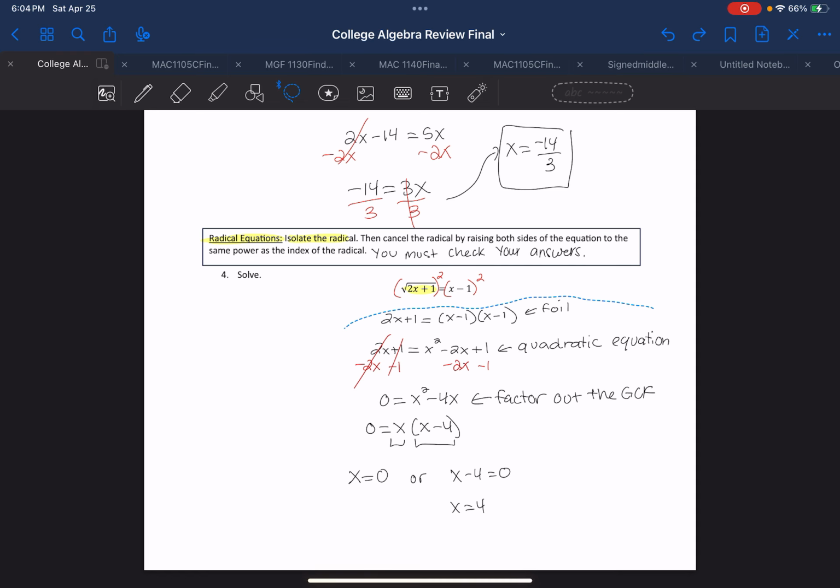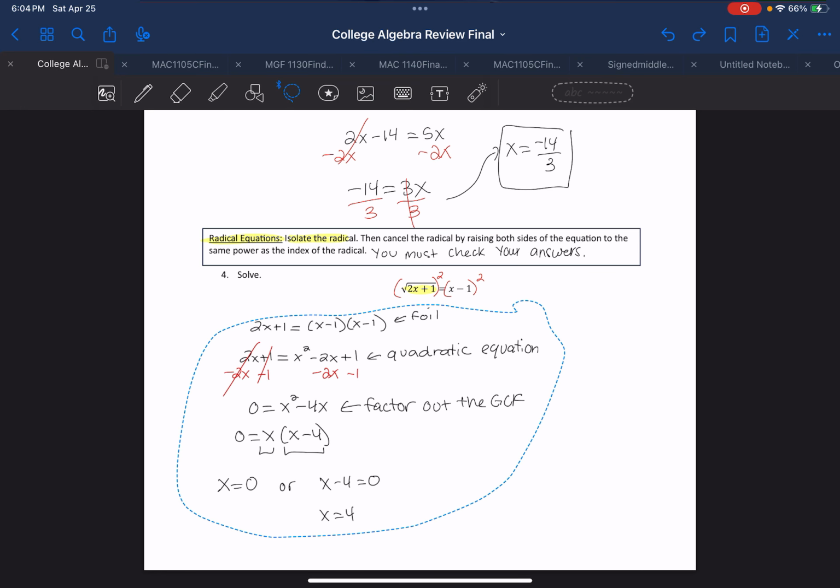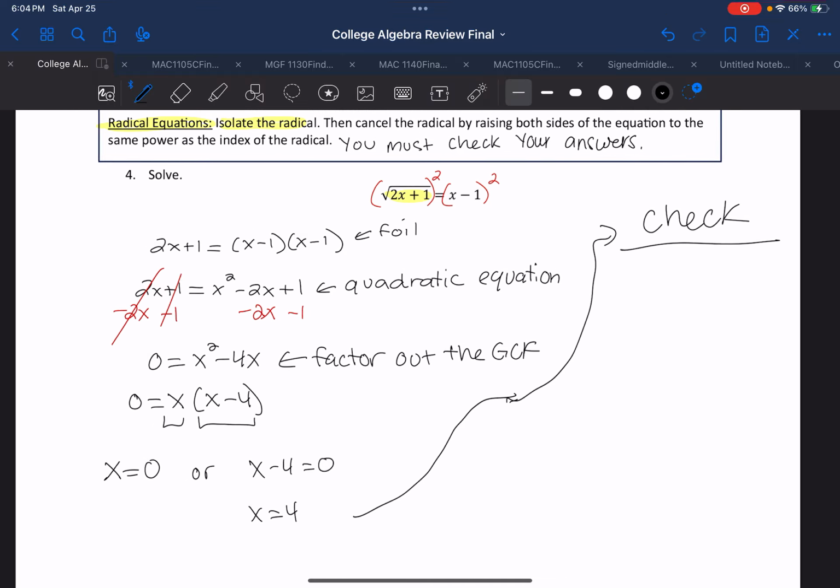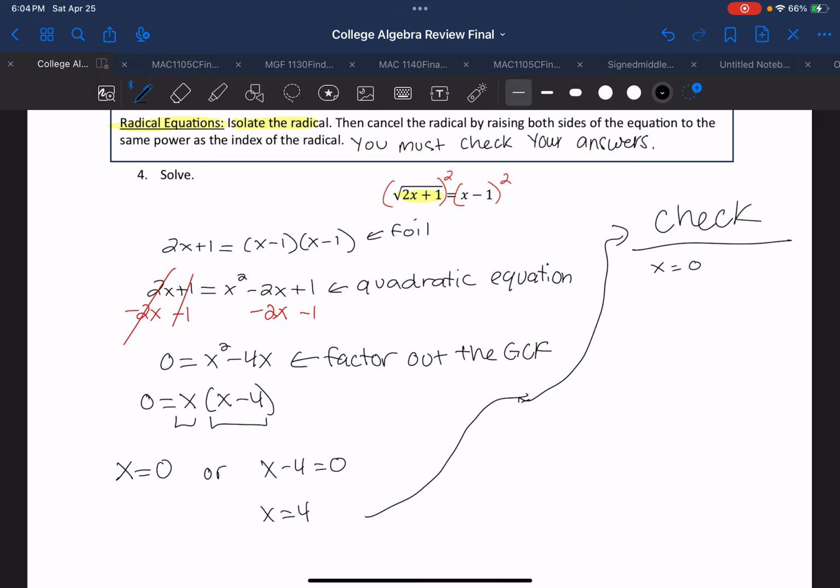So let me move this over. And I will bring this up here and check my work into the original. So first I'm going to check x equals 0. These are just possible solutions for right now.